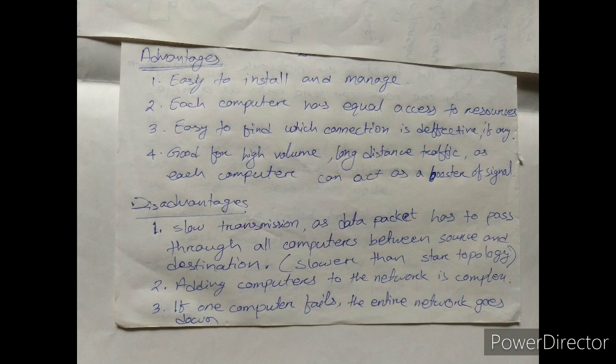Next, a high volume of information can easily be transferred through a long distance, because each and every node in between will act as a booster, like an amplifier, where the signal is received, powered again and sent to the next point.